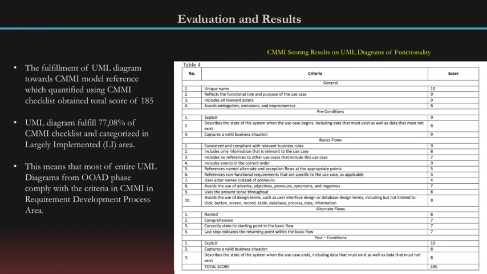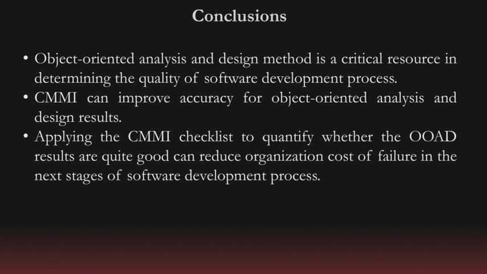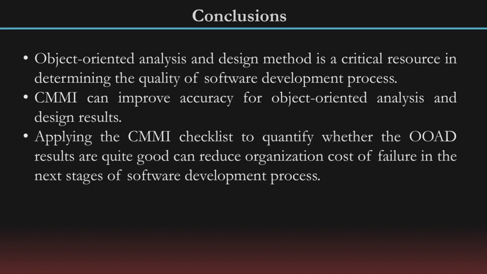So the conclusion is that object-oriented analysis and design method is a critical source in determining the quality of software development process. CMMI can improve accuracy for object-oriented analysis and design results, and that's where optimization comes into place.